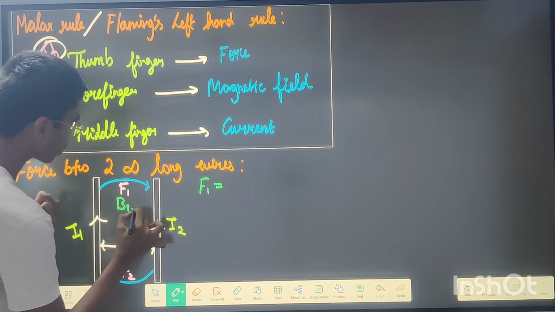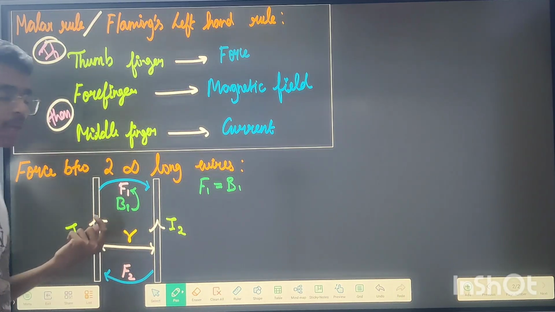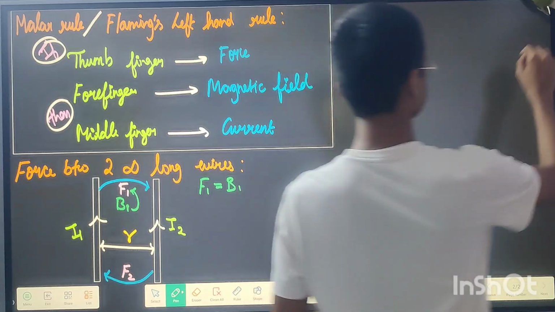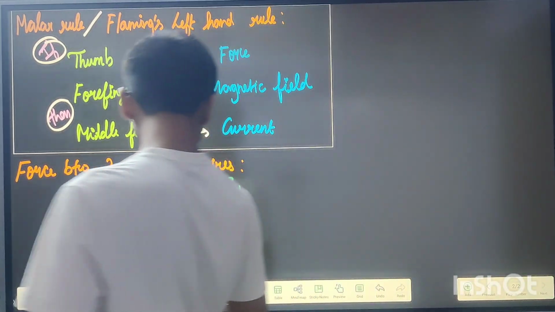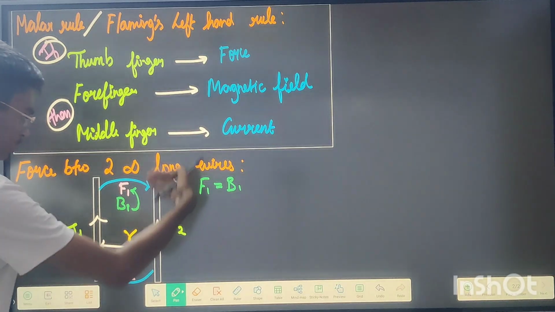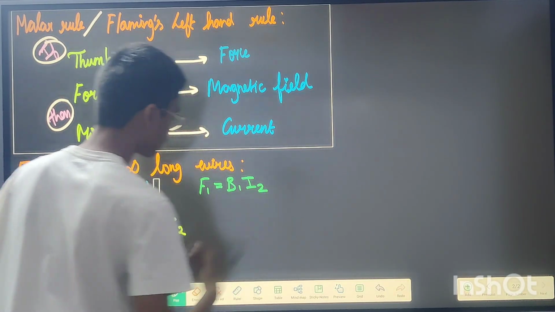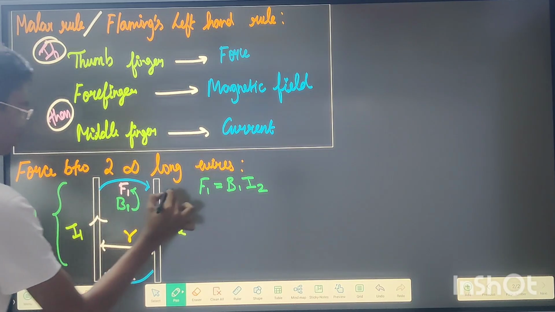B1 is the thing that is the cause of F1, so B1 you have to write. Then what about I? It is actually acting on this wire only, so the I is going to be I2. And length is common; here also it is L only.